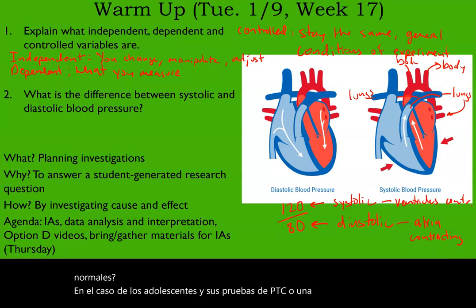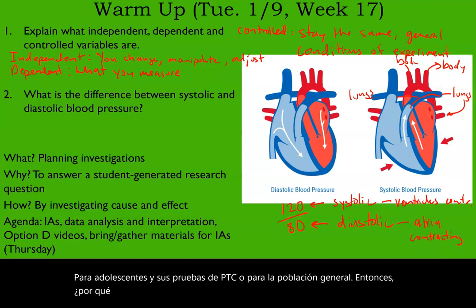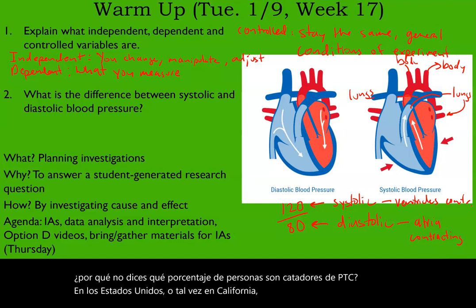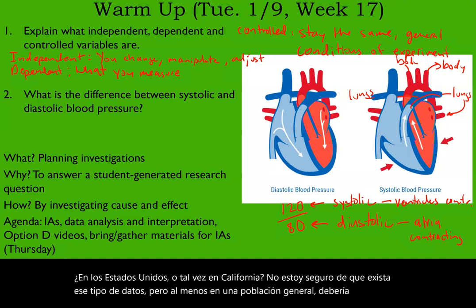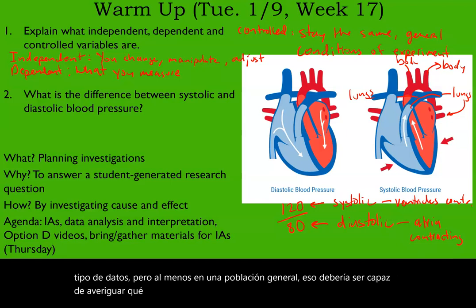So why don't you say what percent of people are PTC tasters? In the United States or maybe California. I'm not sure if that kind of data exists, but at least in a general population, you should be able to find out what percent, and then we can compare our percent to that and see if we're statistically different.